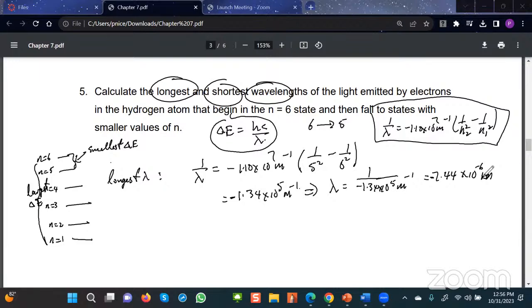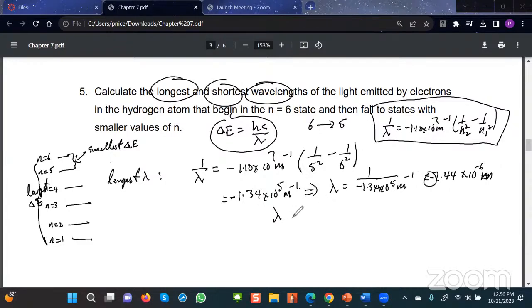Well, the negative sign basically indicates that radiation is being emitted. Energy is being lost as a result of electrons traveling from a higher energy orbit to a lower energy orbit, from 6 to 5. Because you have a release of energy, that's why we have a negative sign here.